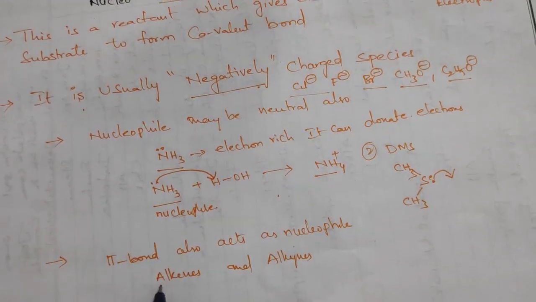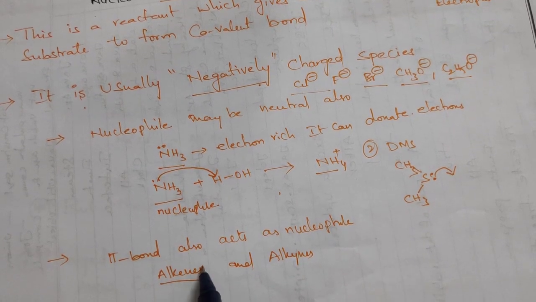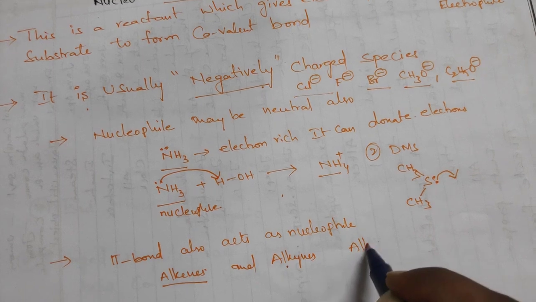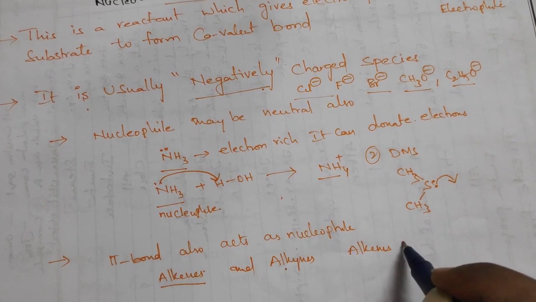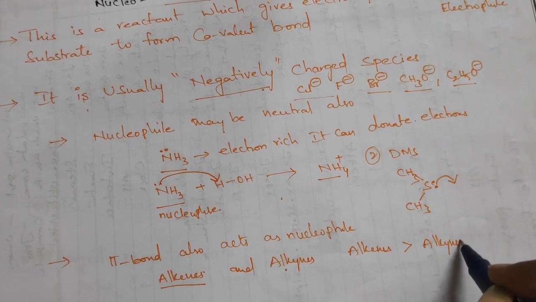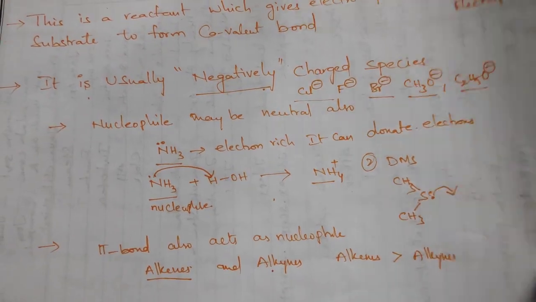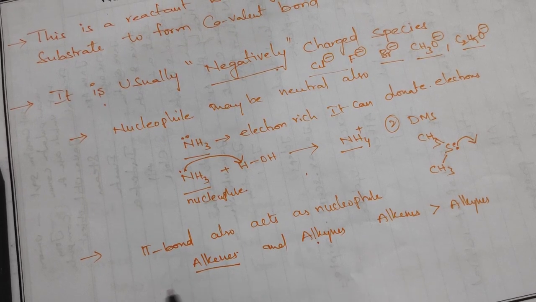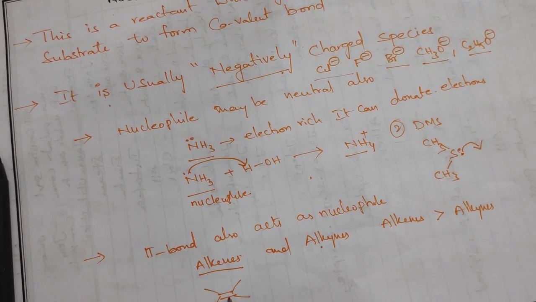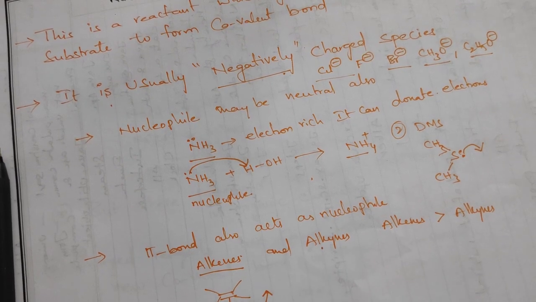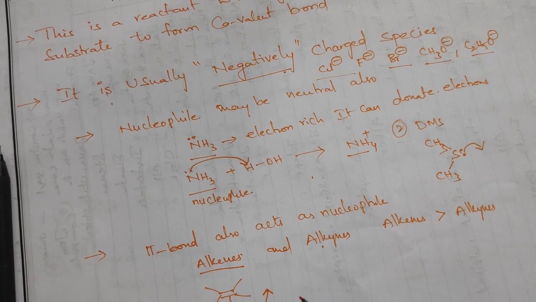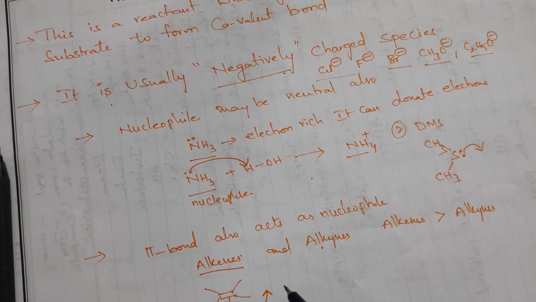Actually alkenes are more nucleophilic than alkynes. These alkenes have a tendency to give the electron pair to the electron poor substrate and form the covalent bond.